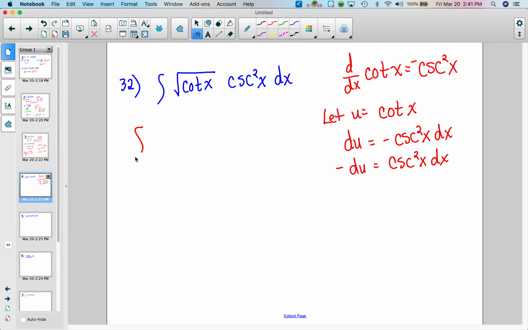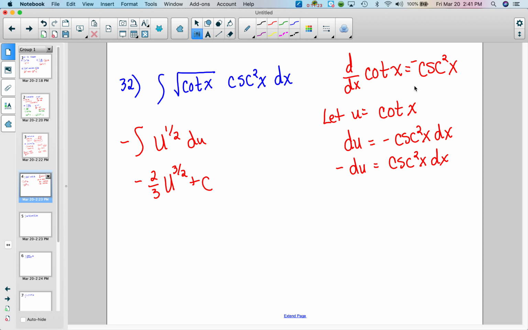So then my integral becomes u to the 1/2, we're going to have a minus, I'm just going to put it out front, du. All right, so again, that was square root of cotangent x, so it's just to the 1/2 power when I substitute that in. So then the antiderivative is going to be u to the 3/2, because you increase the power by 1. Divide by the new power, or multiply by 2/3, make it a negative, plus a constant.